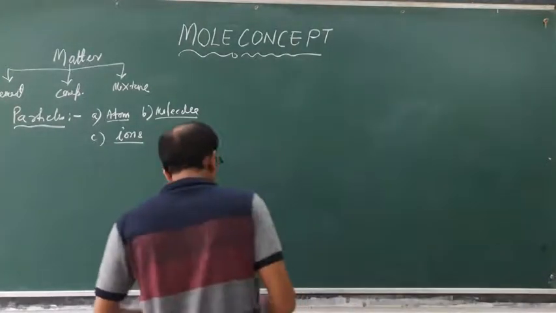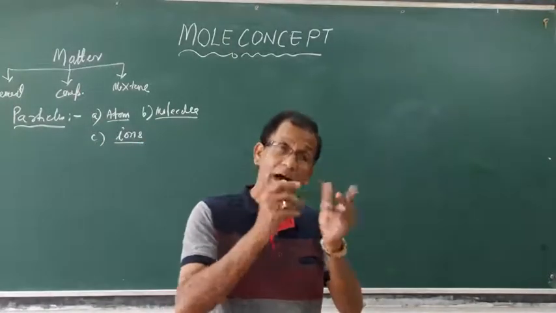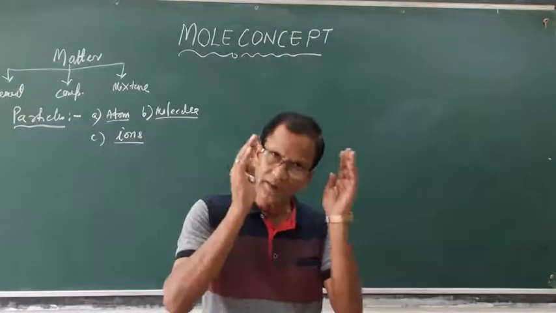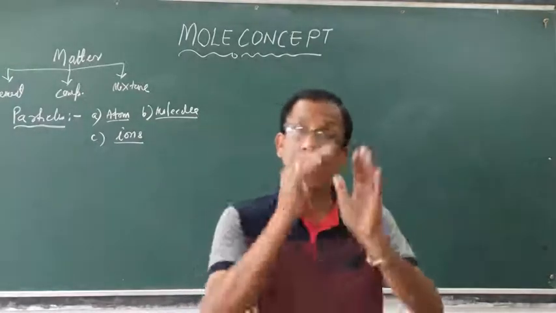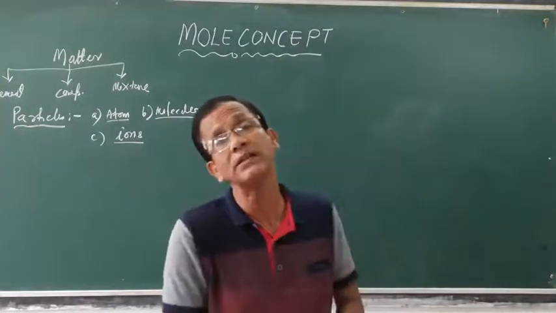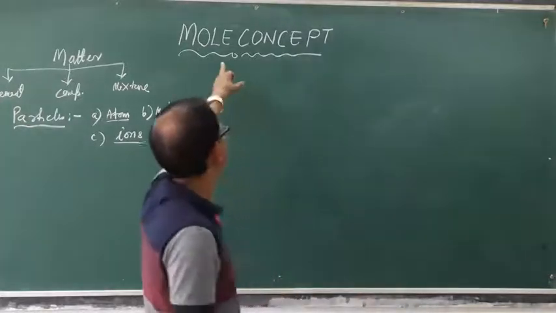So I can know the number of particles, and what is the mass of the matter? In a given mass of matter, how many particles it contains and what type of particles are available can be known from the mole concept.